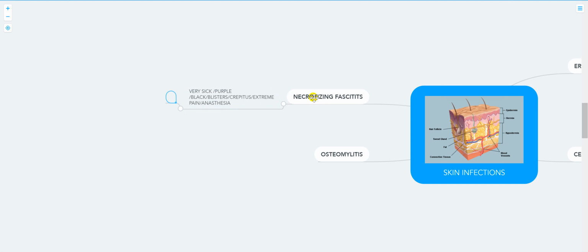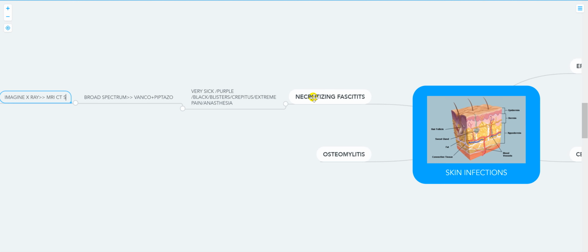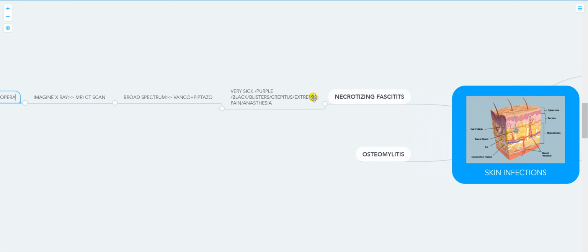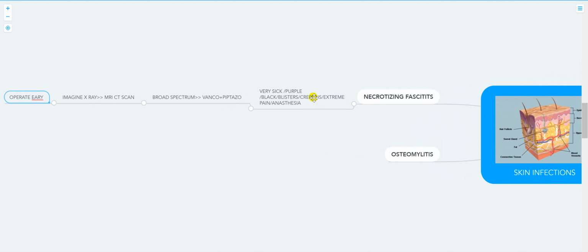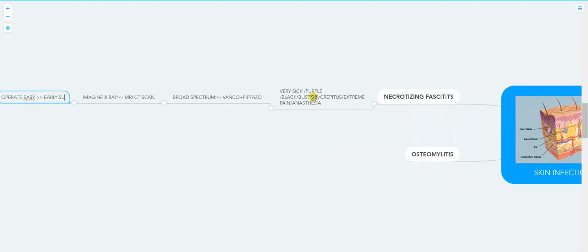We find these things, you do broad spectrum antibiotics. For example, we do Vanco plus Pip-Tazo, piperacillin-tazobactam. After that, we can do imaging, X-ray, and then even we can consider MRI, CT scan, and then operate early. This is important, okay? So you do early surgical consults.